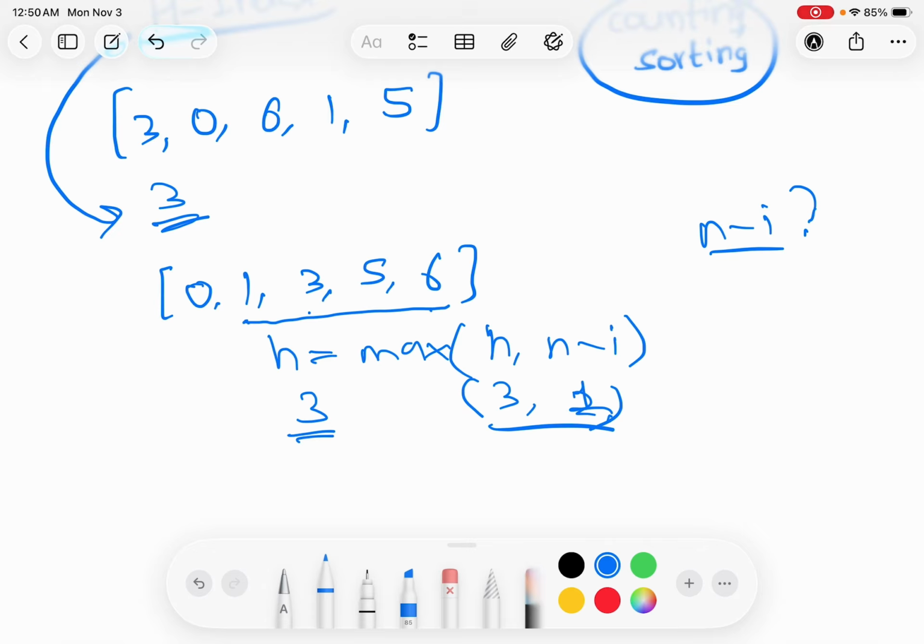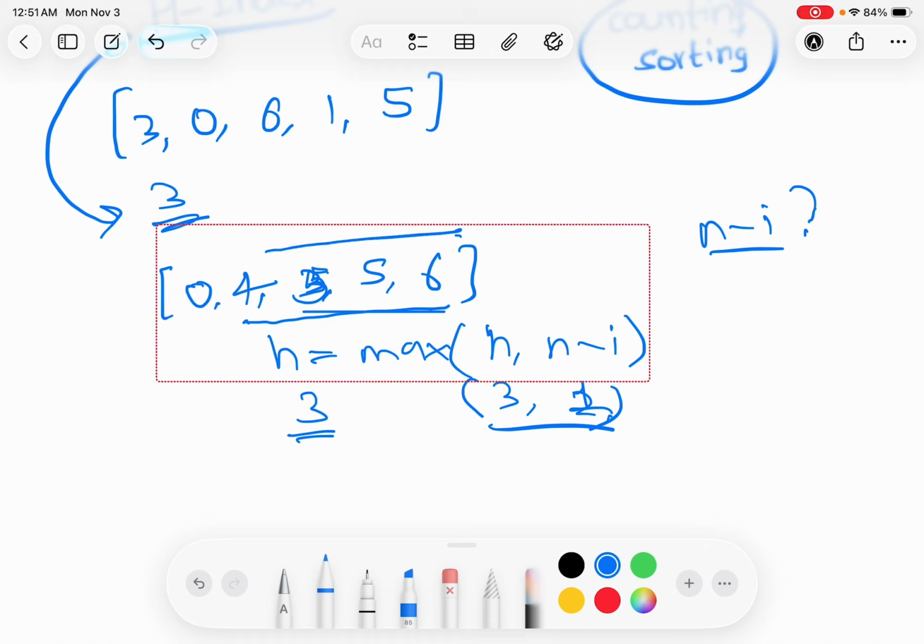Since we have sorted it, if 3 is here, it means that it has been cited at least 3 times. If this was 4, obviously this wouldn't be 3, this would have been 5, so it means it has been cited at least 4 times. That is exactly why we are doing this.